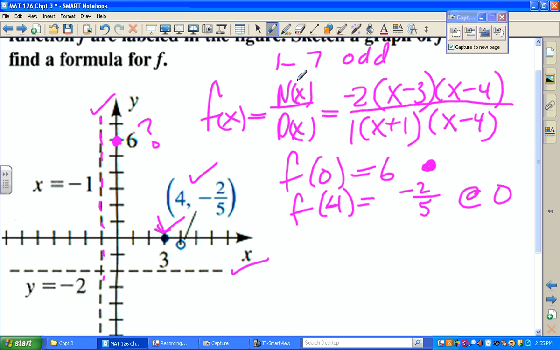You can do it. 1 through 7 odd on what page? Page 264. 264. 1 through 7 odd. We only got through 5 odd. All right, so I'm going to shut this off.